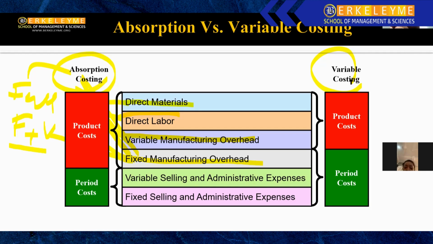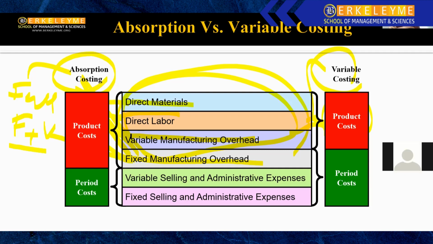These three will be changing. So the formula, if a question comes, calculate product cost by using variable costing, you will see that these three only, DM, DL and variable overheads, will be part of the calculation. So this is the concept related to production cost.